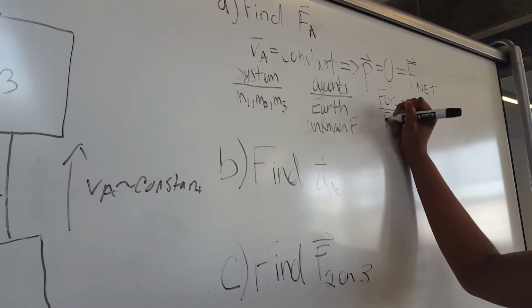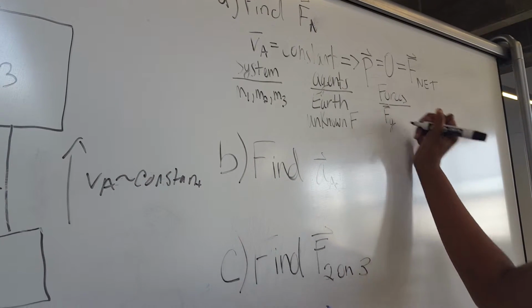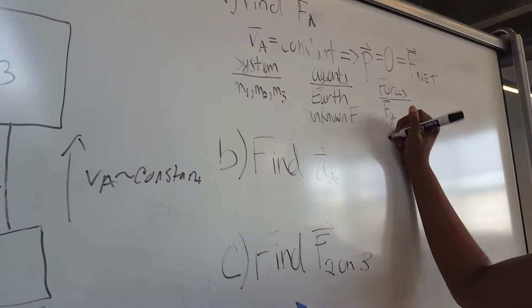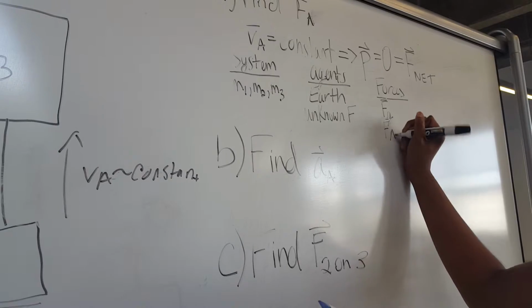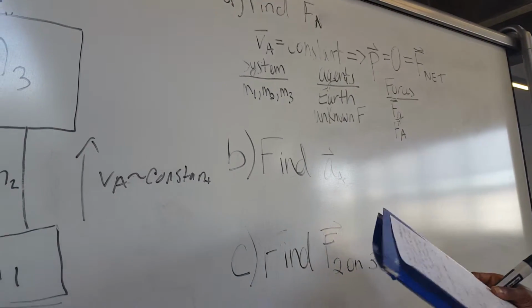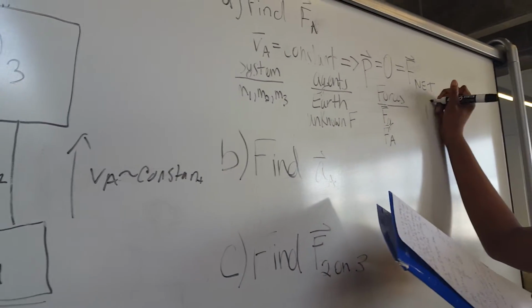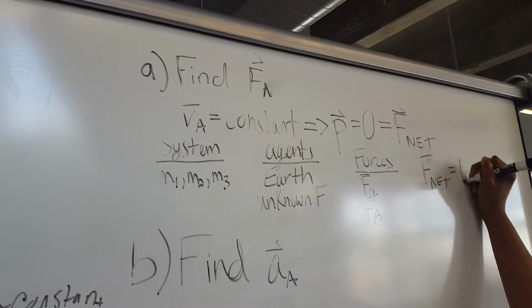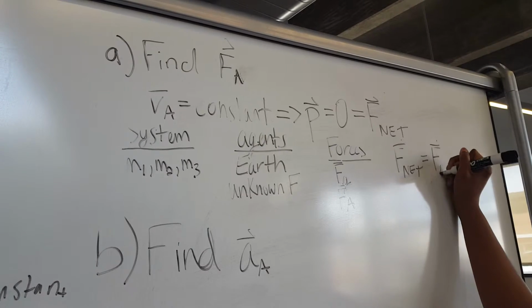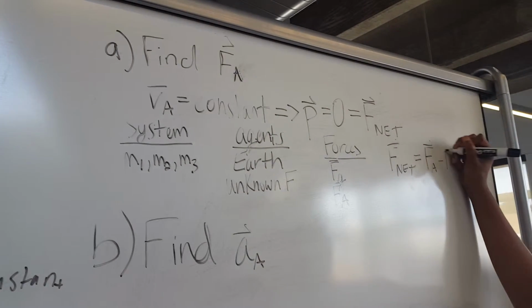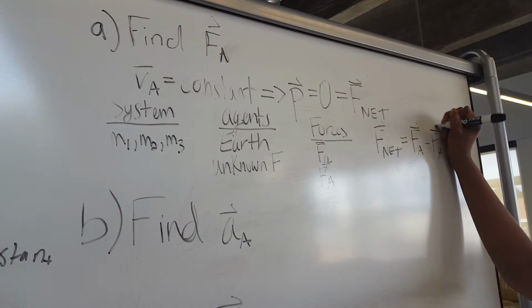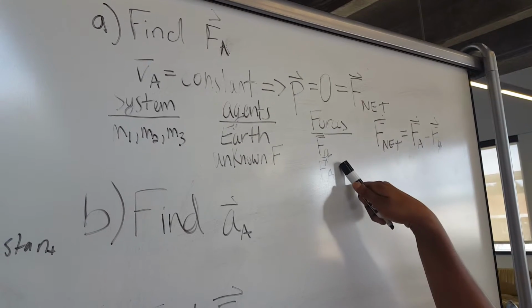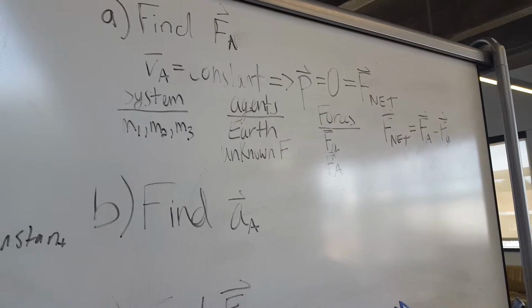So we have Fg, which is the force of Earth, or force of gravity, and Fa, which is what we're trying to solve for. So we have that F net equals Fa minus Fg. And we can get this equation from the forces we found based on our system.